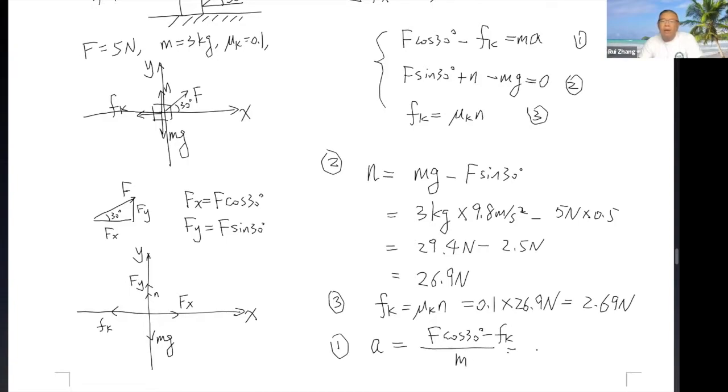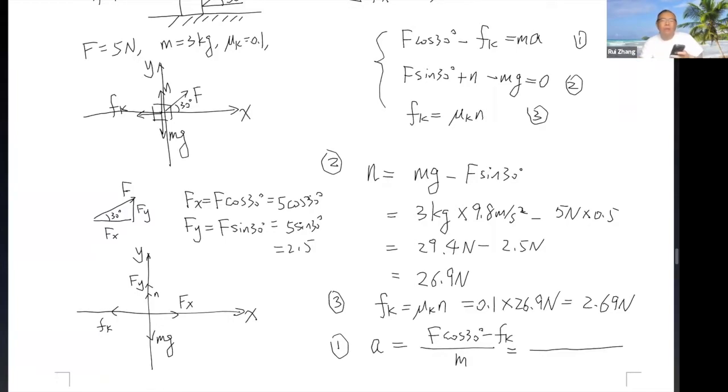So we can calculate f cosine theta. Some people already calculated here, so maybe we can do it here as well. This is 5 times cosine 30. This is 5 times sine 30, which is 2.5. Cosine 30 is square root 3 divided by 2.